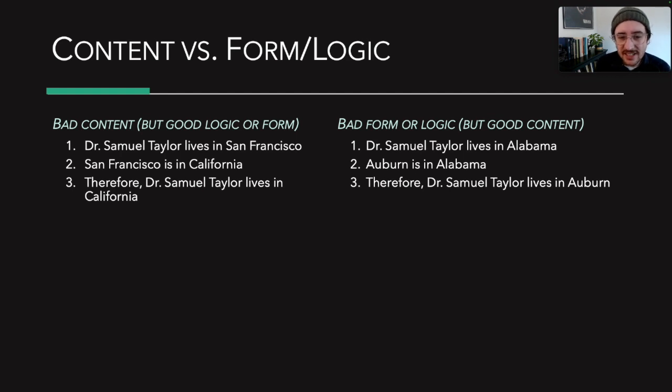But there's another sense in which this argument is quite bad, and that's because even though the conclusion is true, it does not follow from those premises. Those premises do not support that conclusion. And that's what I mean by saying that an argument can have bad form or logic even if it has good content. This video is mostly going to focus on how to evaluate the logic or reasoning of an argument.